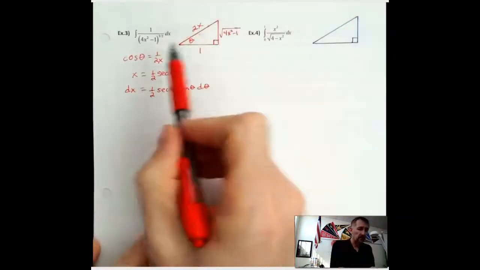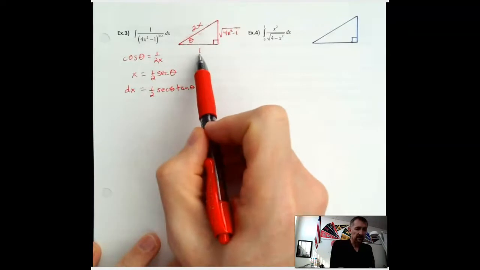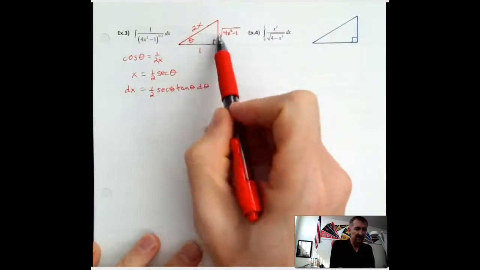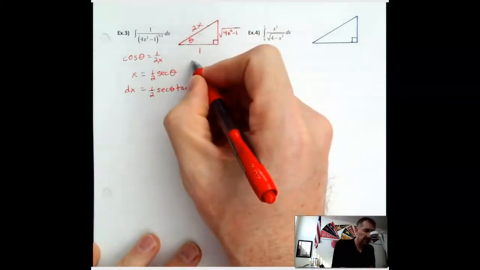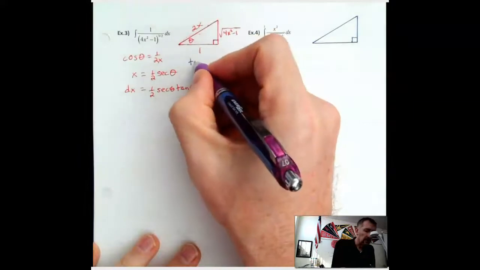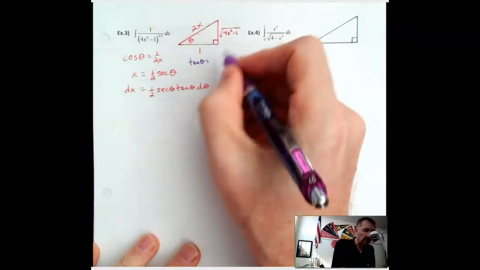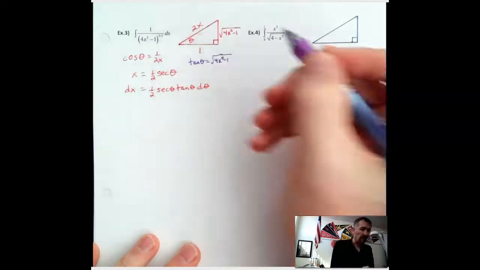Now, if we look down here, with this 1 here, that's kind of nice. So opposite over adjacent, that's tangent. So the tangent of theta is that.